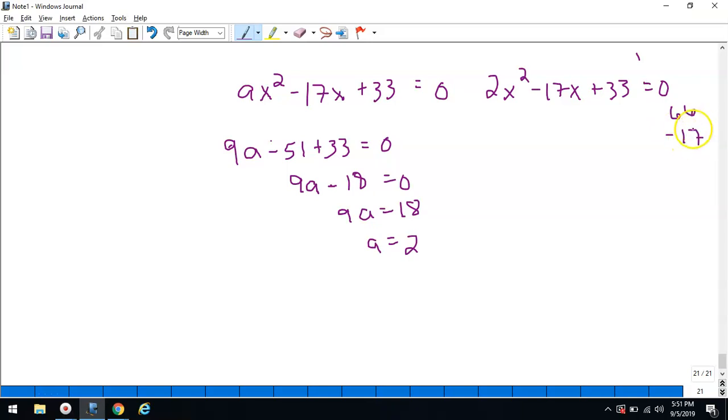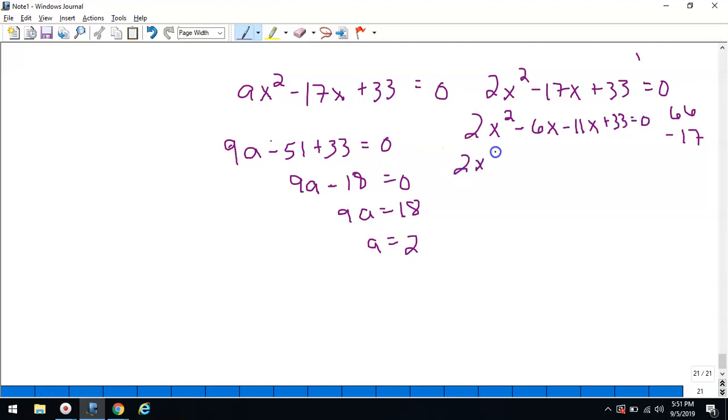I want to say probably 11 and 6, but 17, so negative 11 and negative 6, I bet that's it. So we have 2x squared, let's make this the even one, minus 6x minus 11x plus 33 equals 0.